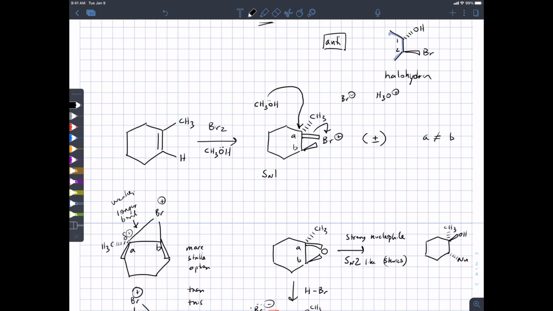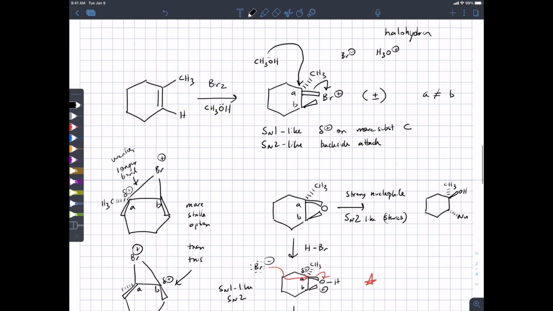So when we say SN1-like, what we mean is there's a buildup of positive charge on the more substituted carbon. When we say it's SN2-like, we mean we get backside attack. So it's sort of a hybrid of these two mechanisms.